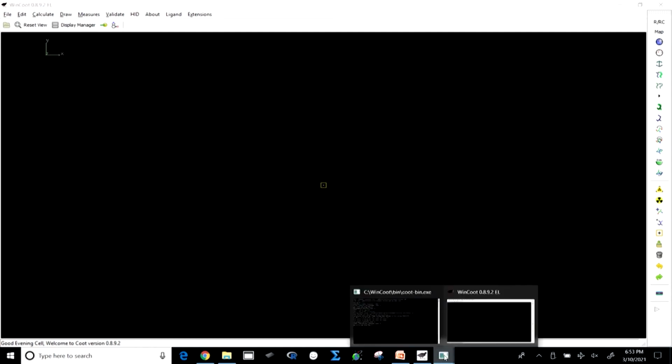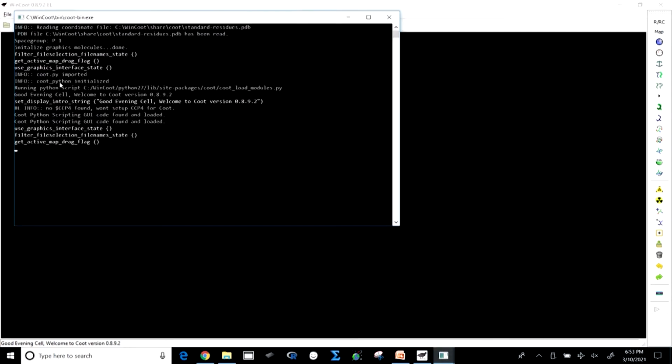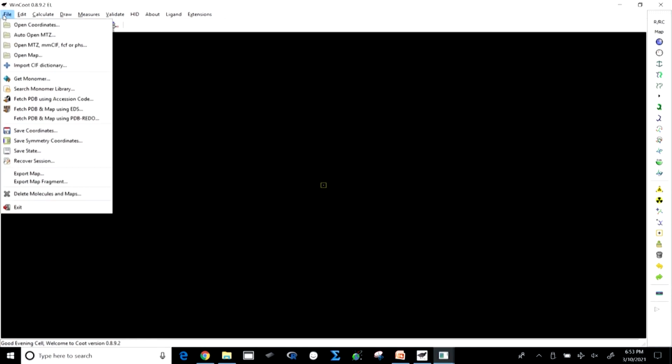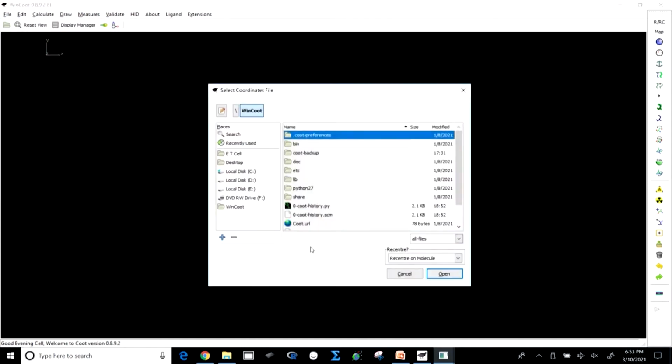So, this is the interface where you will see the use of COOT. There is another interface where all the scripts are also coming. So, there are two interfaces. In this interface we will see all the changes we are making. So, you have File, then you go to Open Coordinates, because we will open the coordinate files.